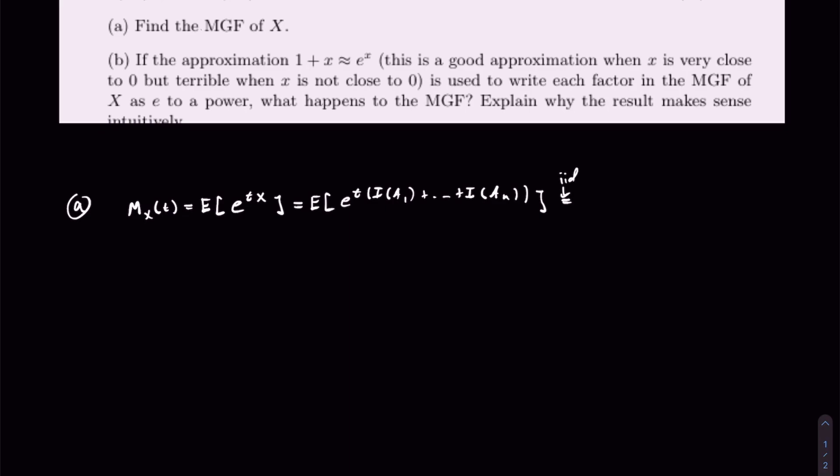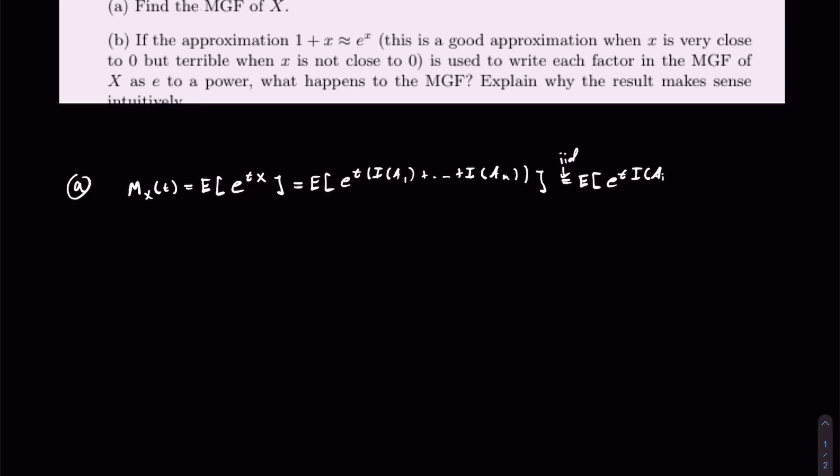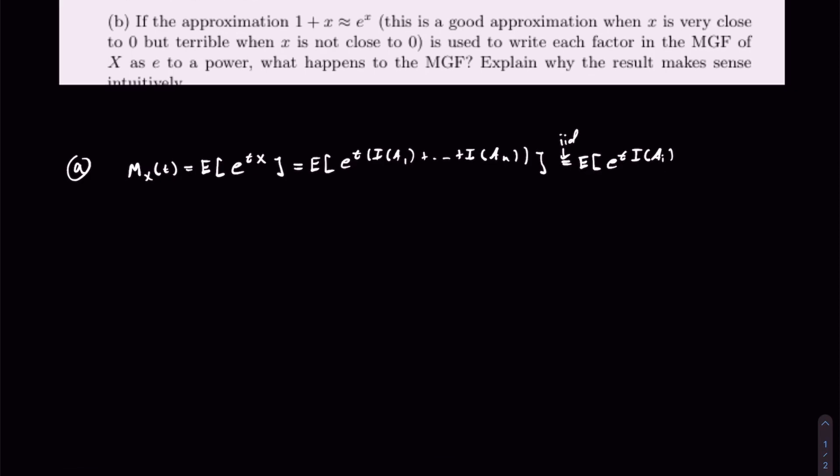So that's what we're going to do here, and that means that we can write the expectation of the exponential in the following format: the expectation of e to the t I A1, all the way to the expectation of e to the t I A n.